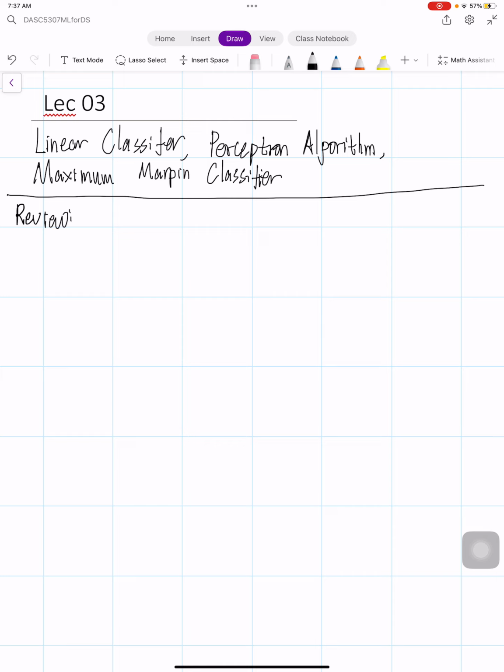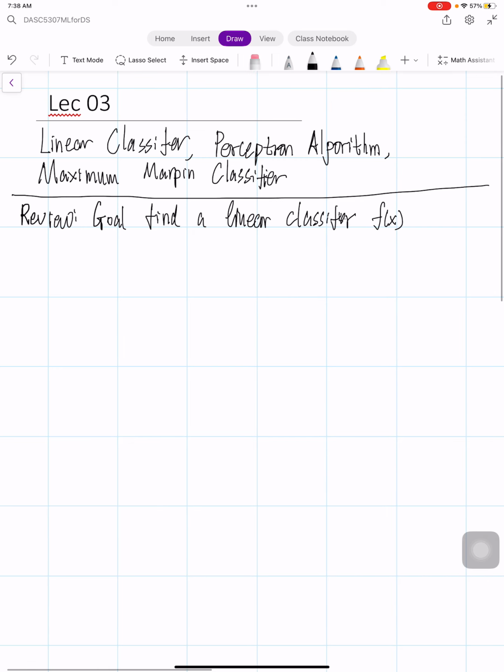Recall that the goal is to find a linear classifier, which has the format: the decision function f(x) equals omega, the weight, dot product with x.